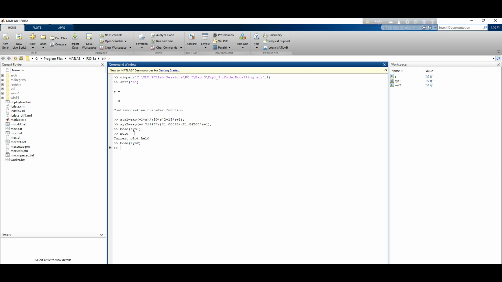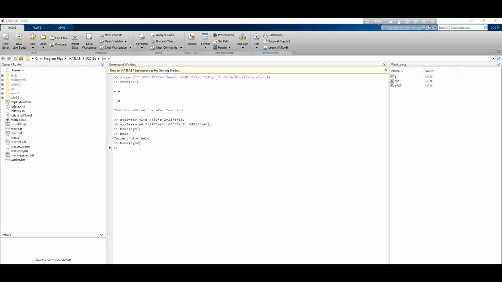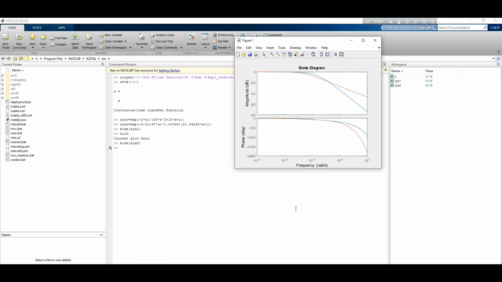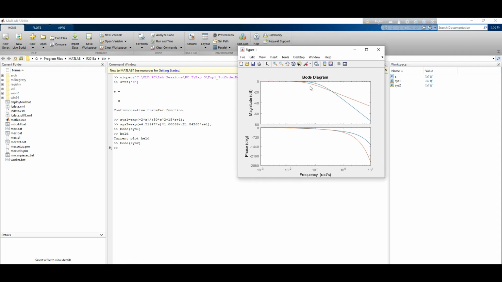Right? Bode for system 1 as well as Bode for system 2. This is the Bode plot for system 1 and 2. Both Bode plots have been plotted. So from here we can see the comparison. So in the resultant conclusion part, we can easily compare these two systems in terms of Bode plots.